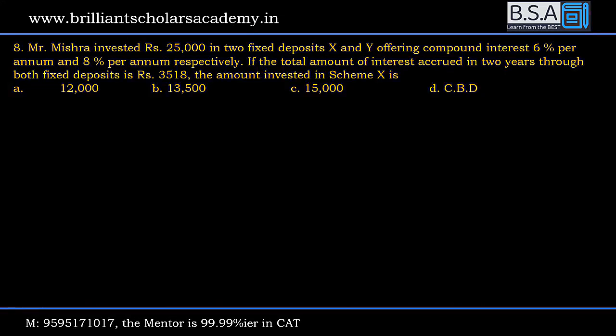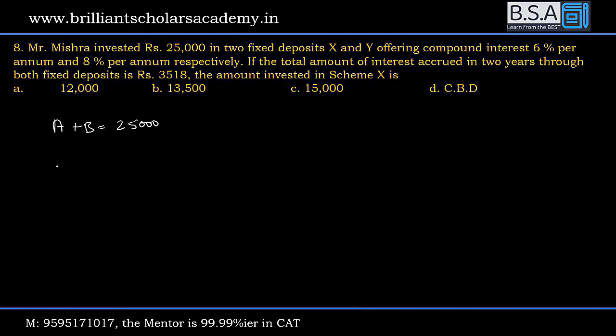You can use options very well in this scenario. Otherwise, you'll have to again form two equations. What will the equations look like? A plus B is equal to 25,000.